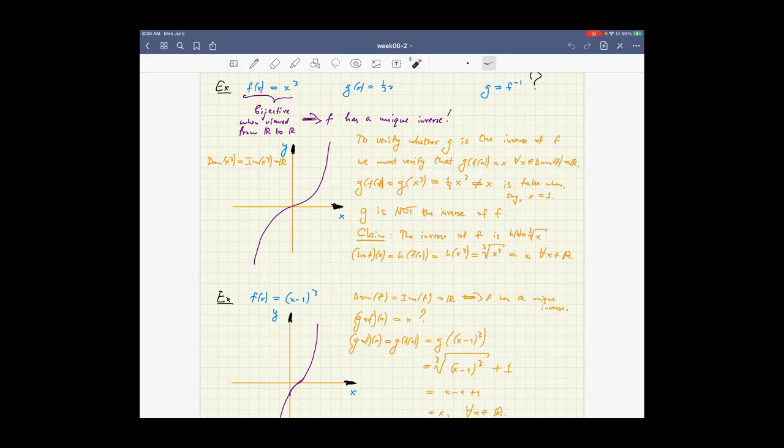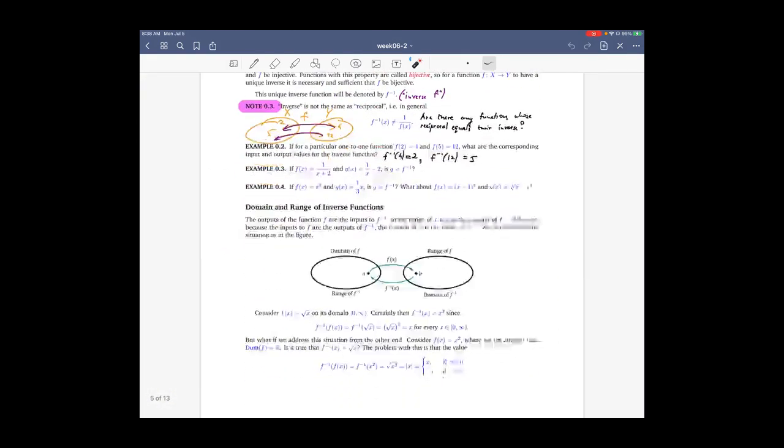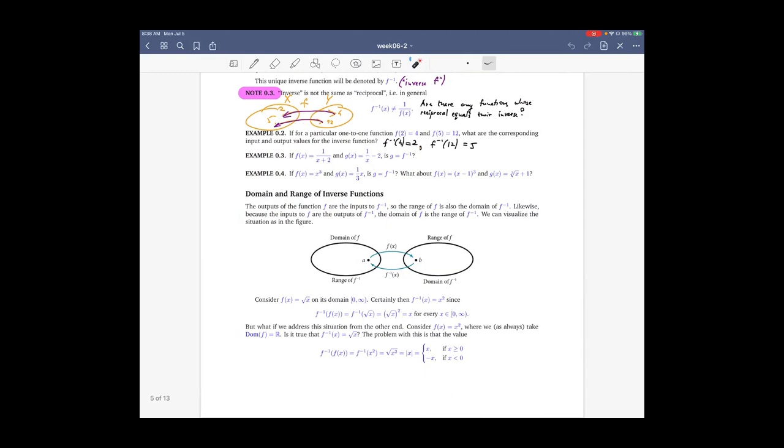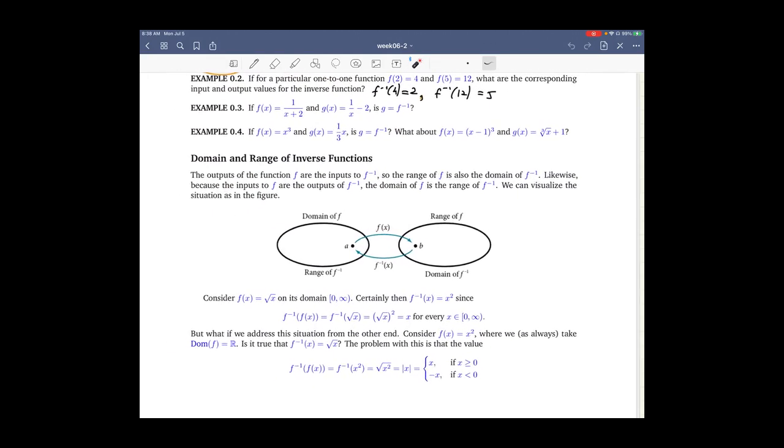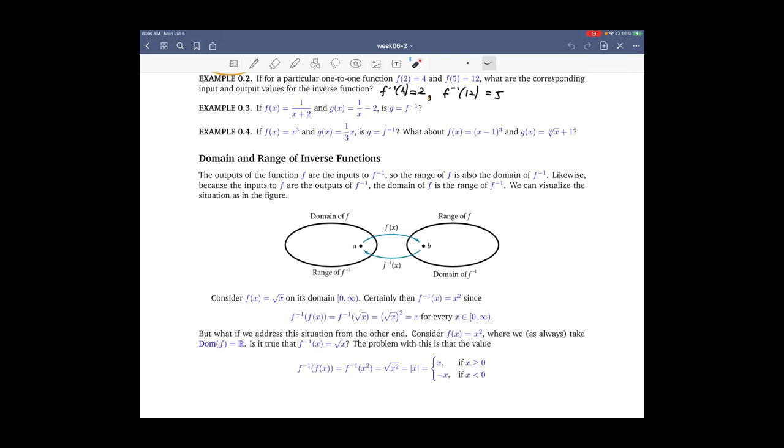All right, let us now talk about the relationship between domain and range of f and its inverse. Suppose f is bijective, so it has a unique inverse. Look at this picture.